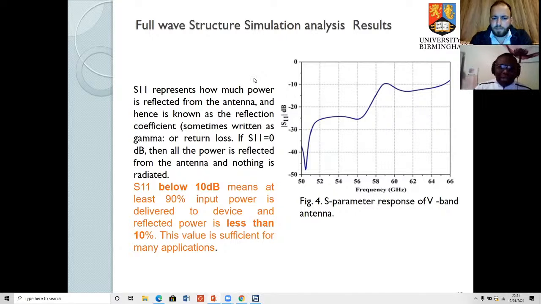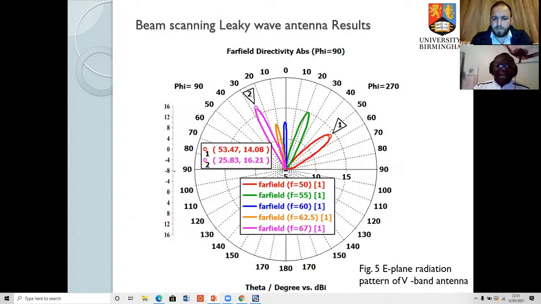we are going to look at beam scanning capabilities. Now, because the antenna gave us a very good wideband, and as I explained in the theory earlier on, we can scan this beam from the back to the forward. So on your screen here, we chose certain frequencies from 50 to 67 gigahertz.